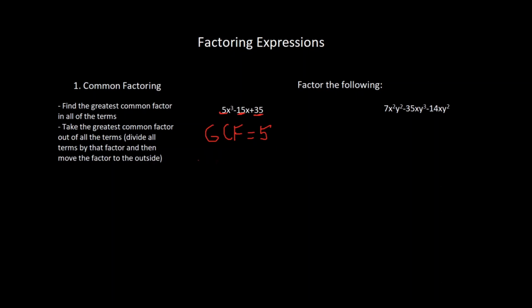On the inside of the bracket, we have to divide all the terms by 5, so the inside becomes 5x cubed divided by 5 minus 15x divided by 5 plus 35 divided by 5, and the factored expression is equal to 5 open bracket x cubed minus 3x plus 7 close bracket.